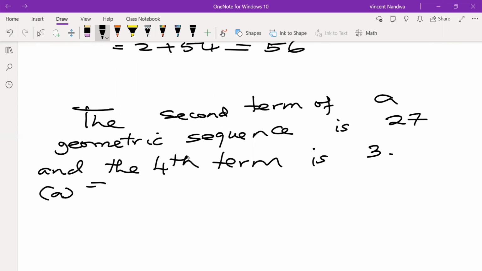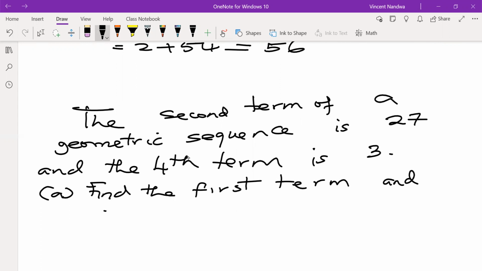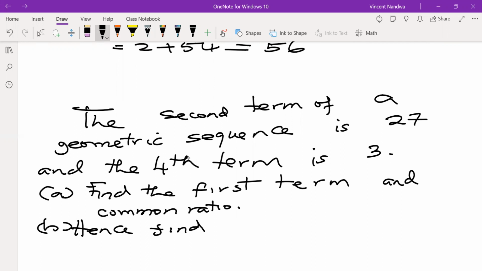Find the first term and common ratio. B, hence find the fifth term.